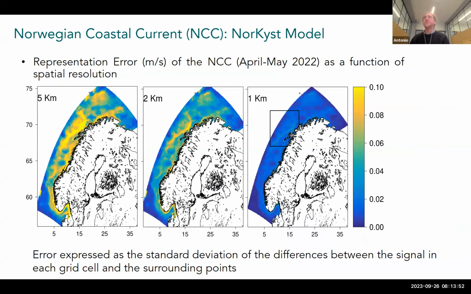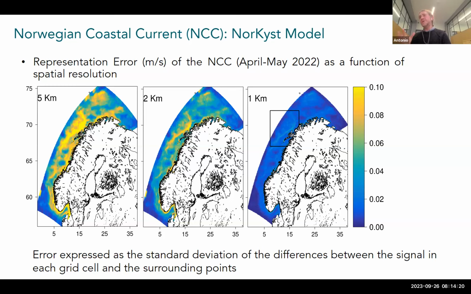But then what is also important to keep in mind is that you have accurate observation of surface currents at 1 kilometer resolution. The accuracy is important. And here we are making an investigation on how the error is growing, the so-called representation error, as a function of the resolution in a model.